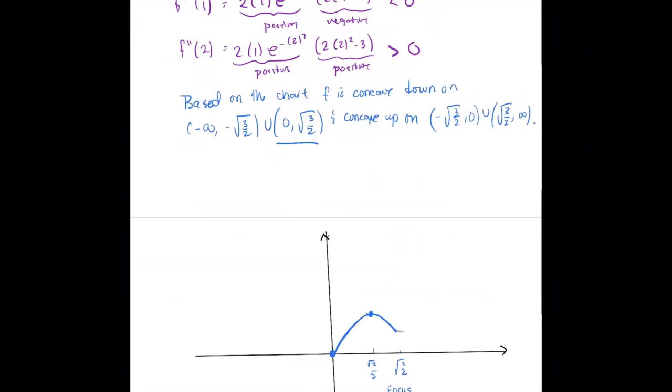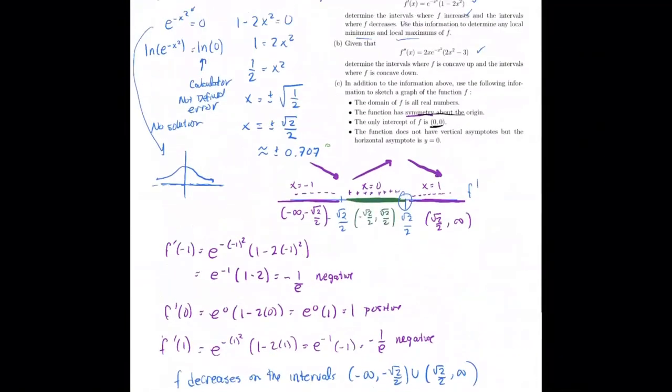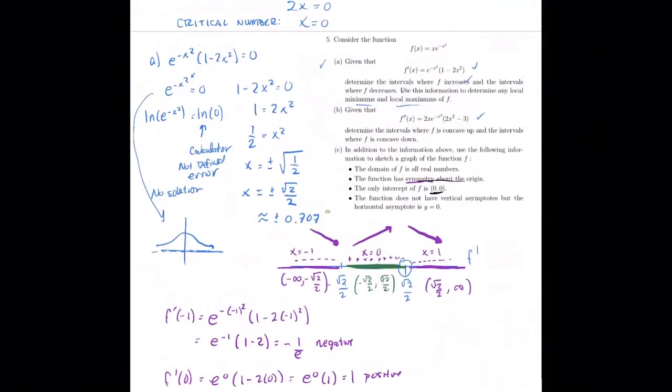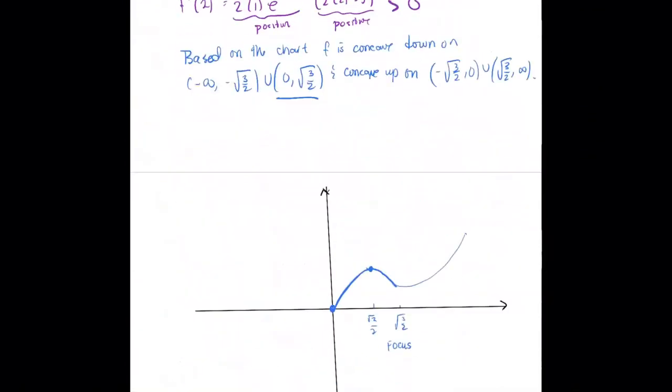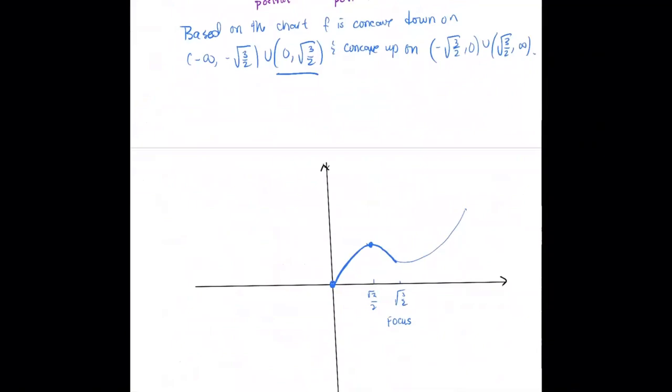Then I have to go back and see that it has a horizontal asymptote at y equals 0. Oh, and they're all real numbers, so I don't have to worry about any vertical asymptotes at all. So this asymptote means that it's concave up, but it doesn't go back up. It actually is concave up, but it goes down towards here.